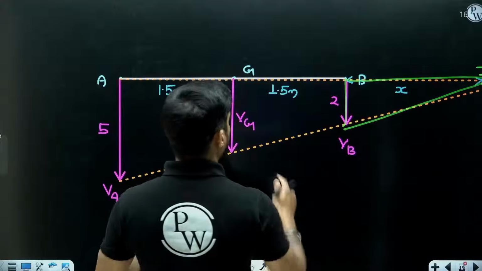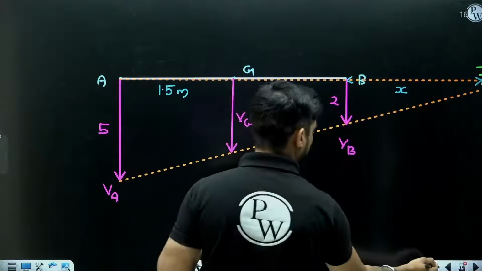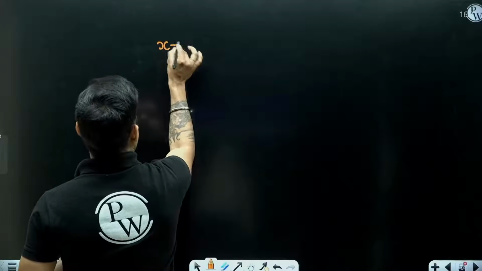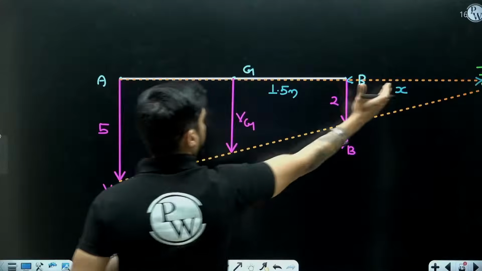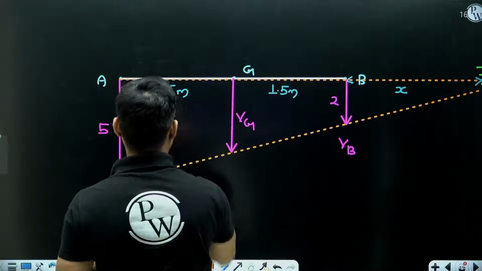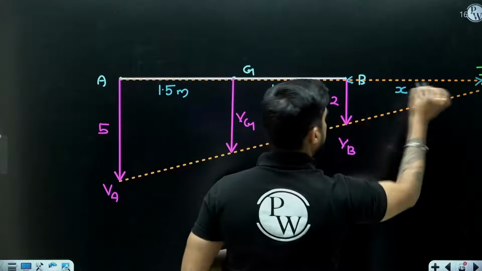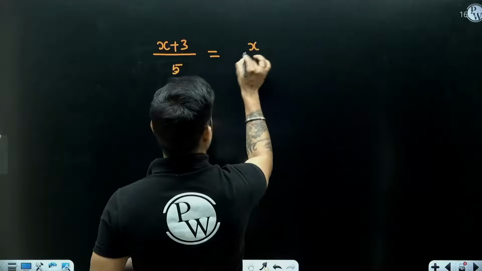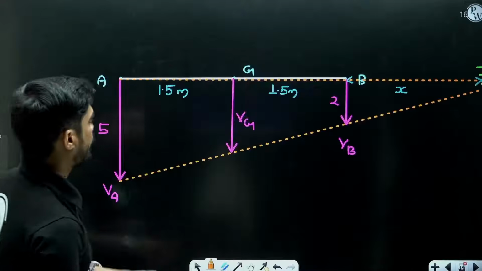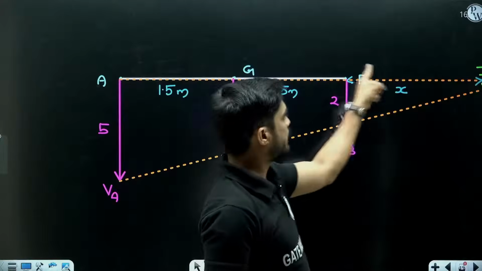For the bigger one, I can write the entire distance will be x plus 3, right? x plus 3 divided by 5 will be equal to x divided by 2. I have applied similar triangle between this bigger triangle and this smallest triangle.